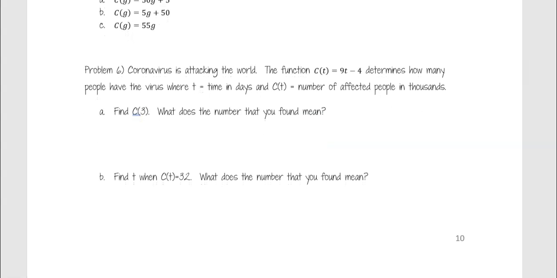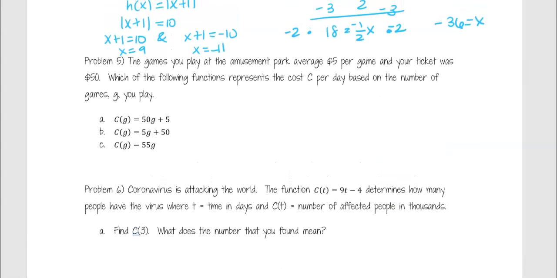And we've just got 2 problems to talk about here. It says the games you play at the amusement park average $5 per game, and your ticket was $50. Which of the following functions represents the cost C per day based on the number of games you play? So right away, I know I'm paying $5 per game.